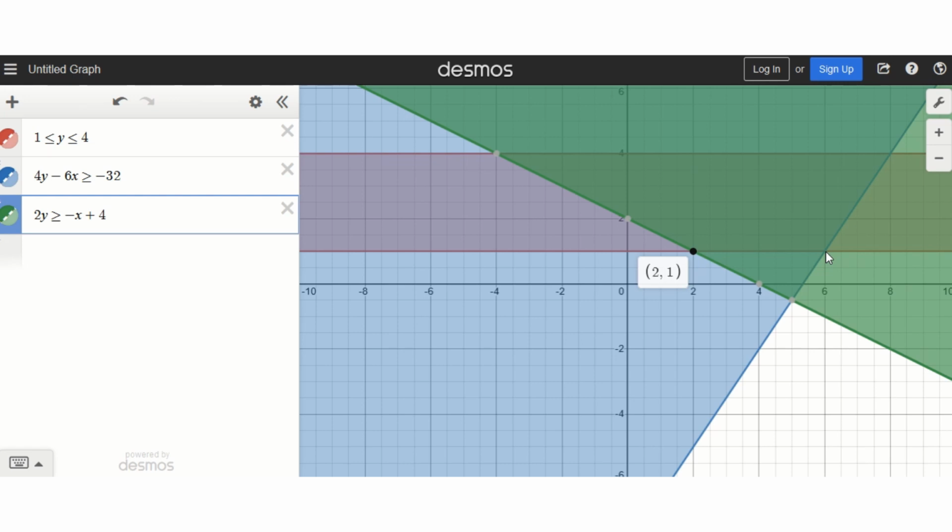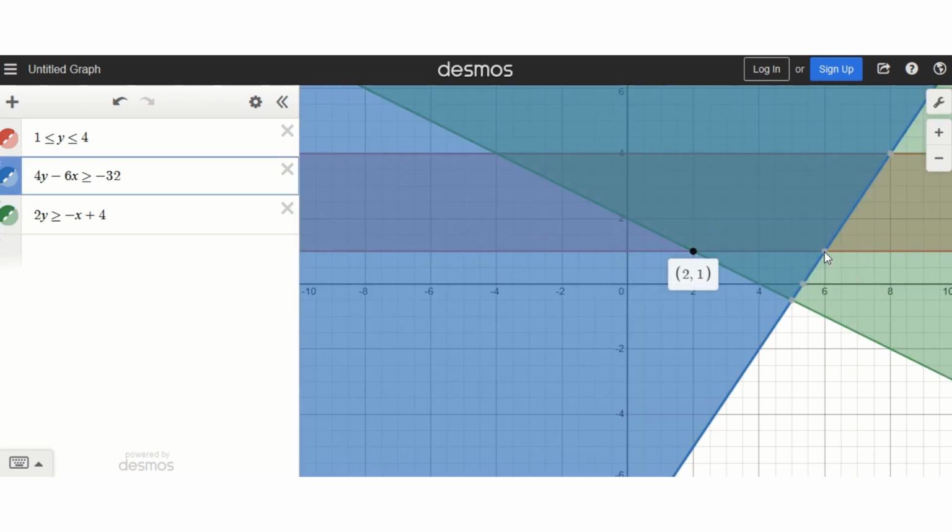I want you to note down the endpoints because we are going to calculate in the next slide when we go back to the presentation at these endpoints the value of the objective function, because that is what we need to maximize and minimize. So 2, 1, this is 1 point. The next point, let's go to this endpoint. It is 6, 1.